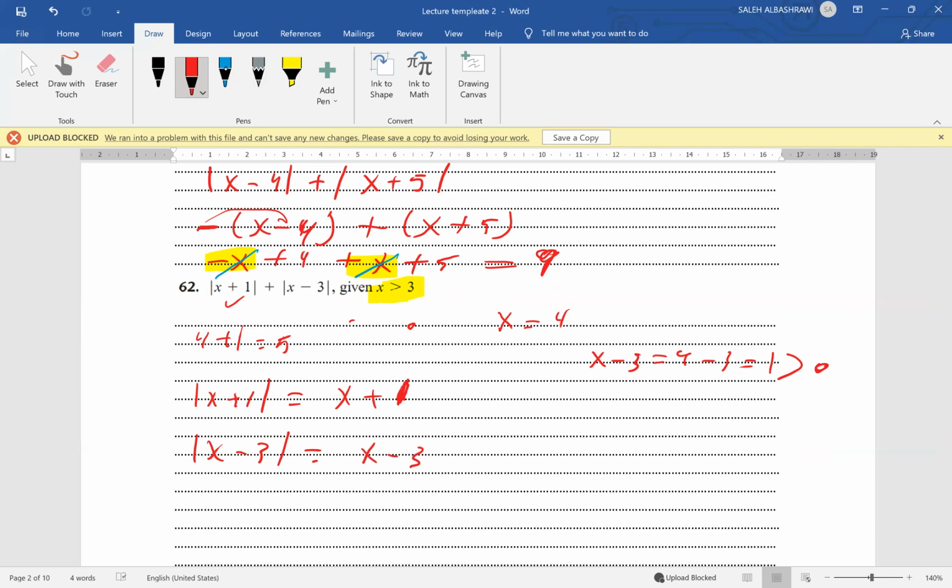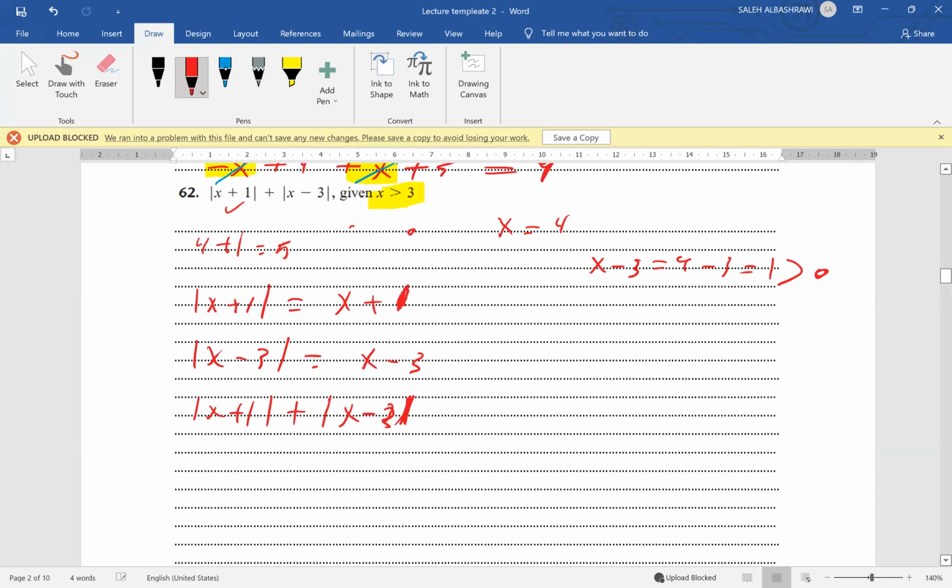So if we have x plus 1 plus x minus 3, this can be written as x plus 1 plus the second one, x minus 3.